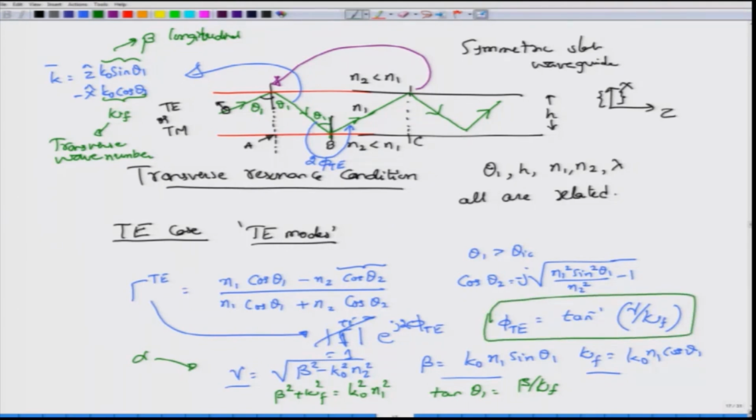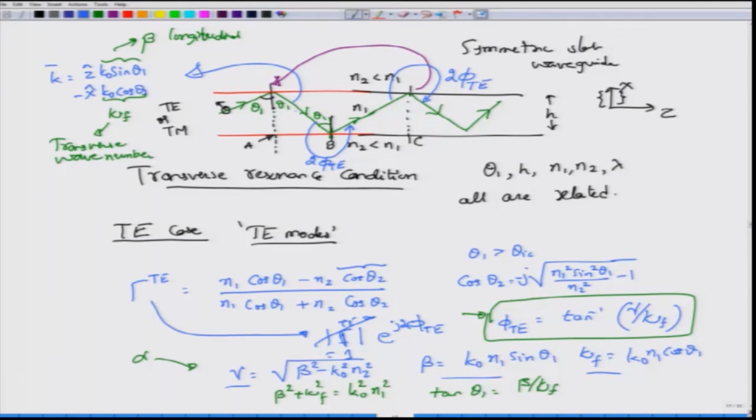So, this total phase shift upon reflection is 2 times the value that I have shown here, and when this ray now leaves B and arrives at the plane C, it undergoes another reflection, and reflection means it picks up an additional phase, which would be 2 phi TE. And what is the transverse resonance condition? We have had 2 phase shifts, one upon reflection at the lower interface and one at the top interface, but there is also a phase shift along the x direction.